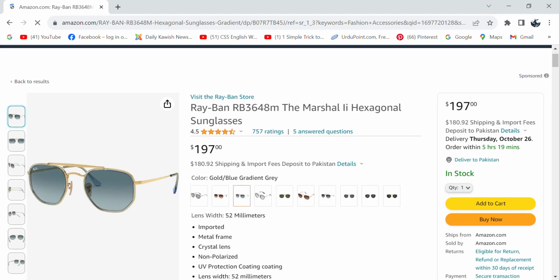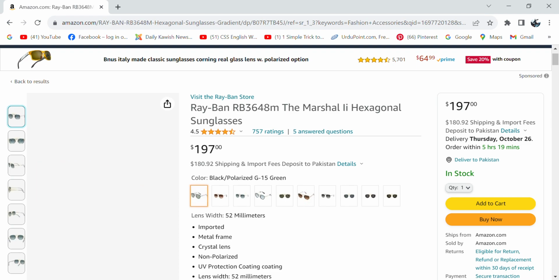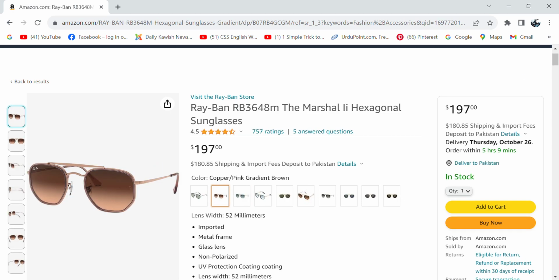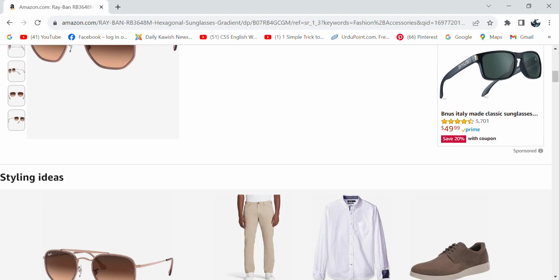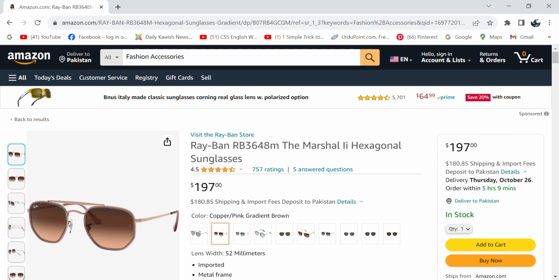So here you can see here is a pair of glasses that is named Ray-Ban RB3648M, the Marshal Li hexagonal sunglasses, and as you can see it costs around $197 with different colors, and you can see that the cost is very high, and because of its expensiveness you will get good profit in just one sale.